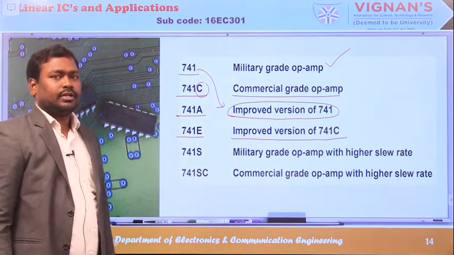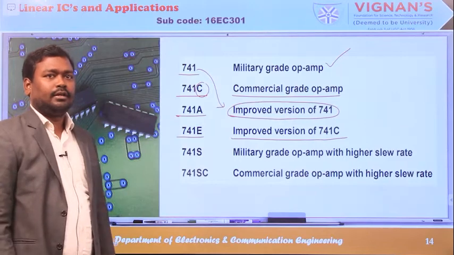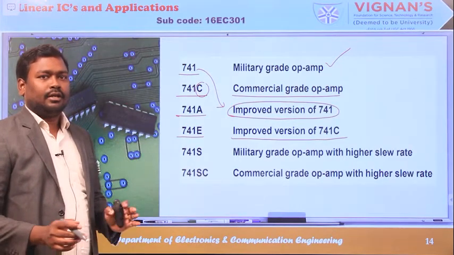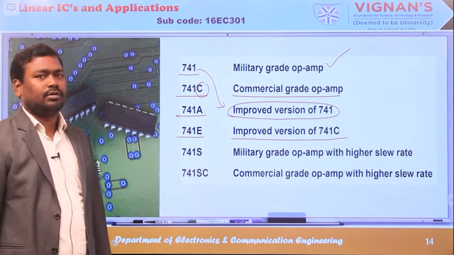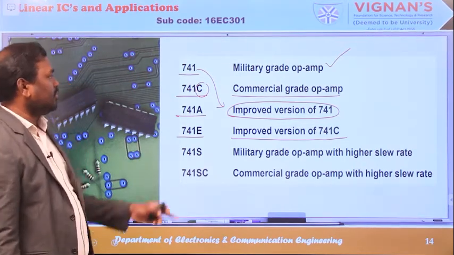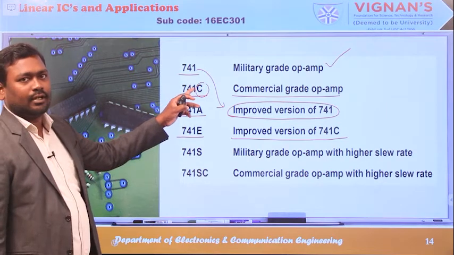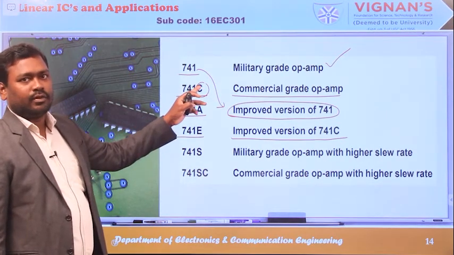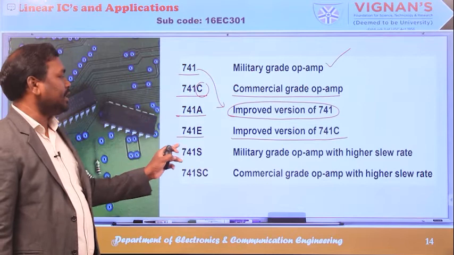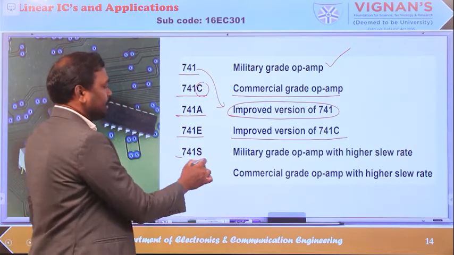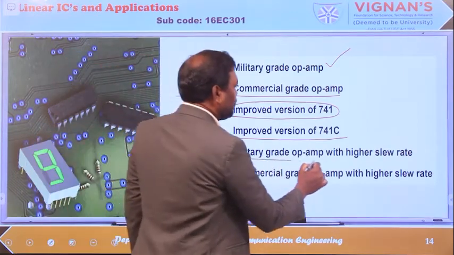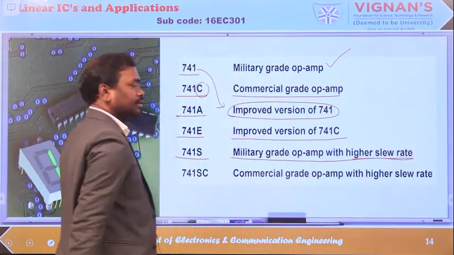First they make an IC, and following that they improve the performance of that IC, which is called an improved version. First they made the 741C. Later they improved its performance and named it 741E. Next, 741S is a military graded op-amp with high slew rate.